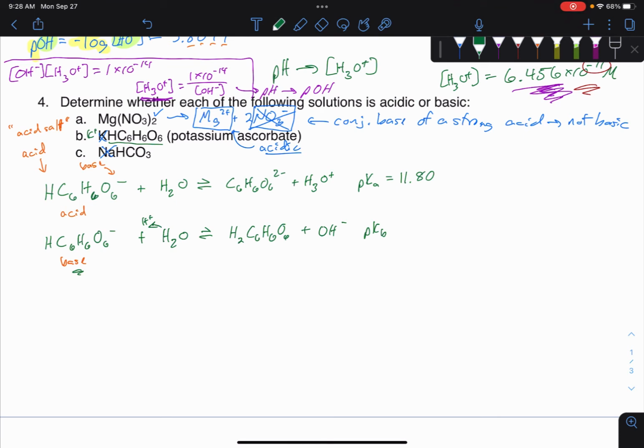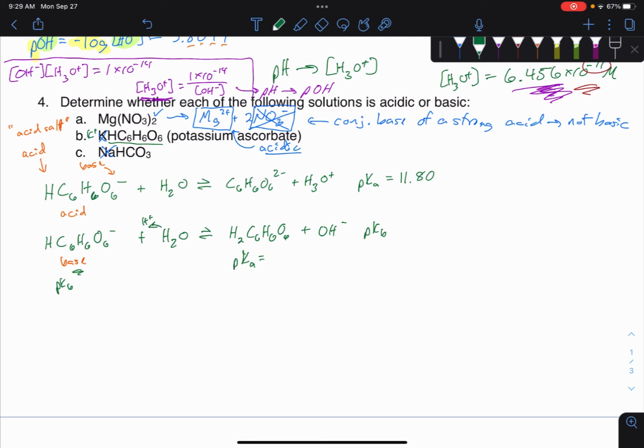Now, what we have to figure out is the pKb for this molecule here. If we want the pKb of this molecule, which expresses its tendency to act as a base, we need to look up or be given the pKa for its conjugate acid.